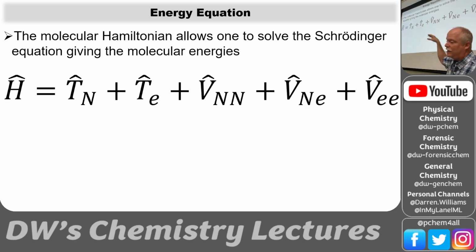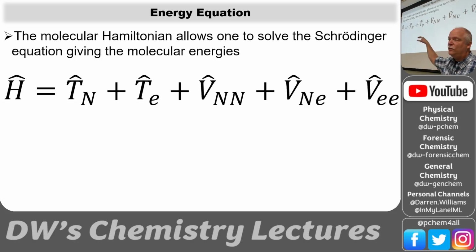In any molecule, you've got nuclei that are both positive, and they repel each other. Then you've got nuclei and electrons that attract each other, and then you've got electrons that repel each other. So you've got 3 potential energy pieces, all based on Coulombic attraction. What's the distance between these 2 particles, and are they attractive or repulsive? Those are the V pieces.